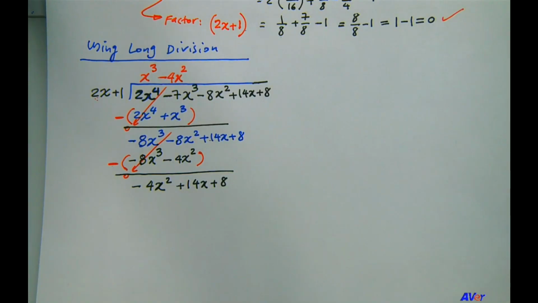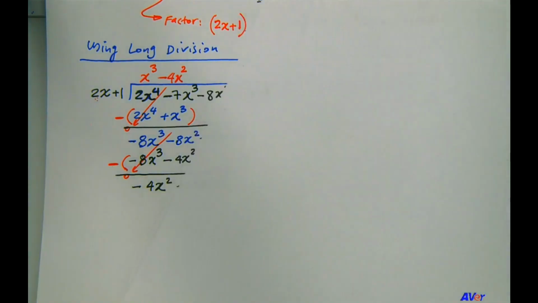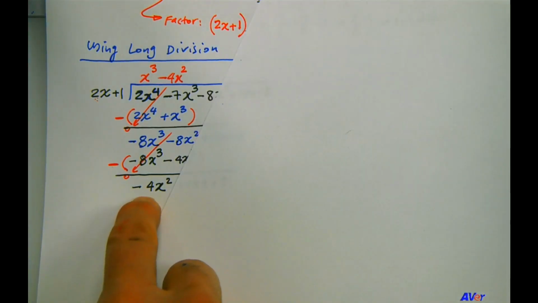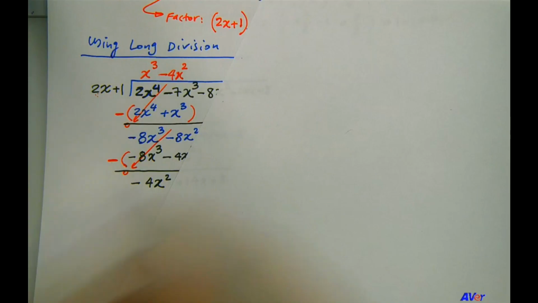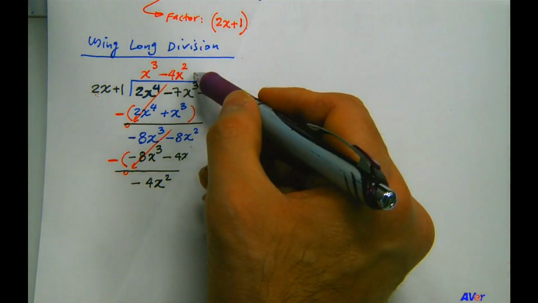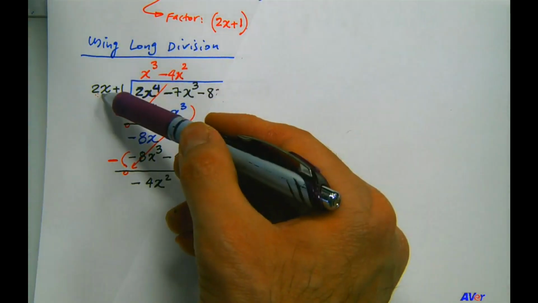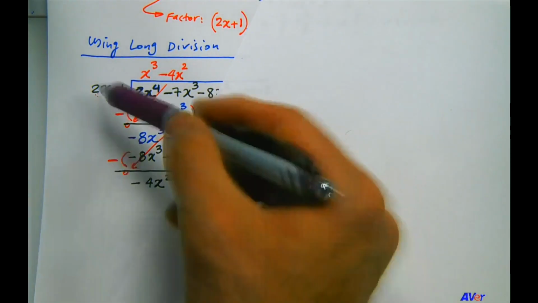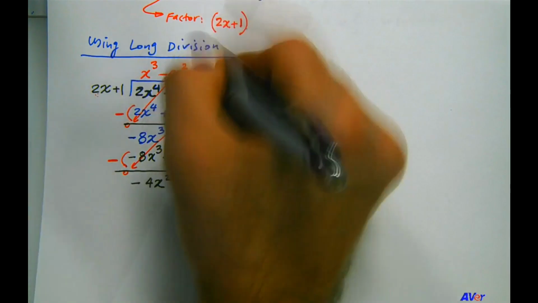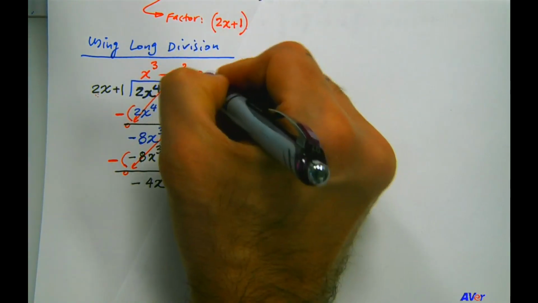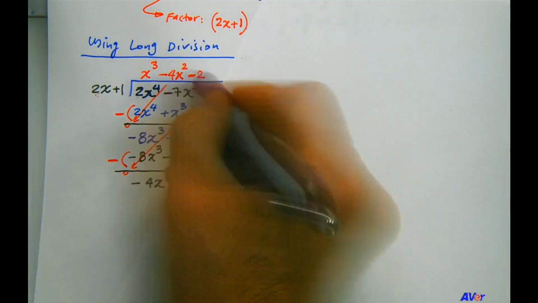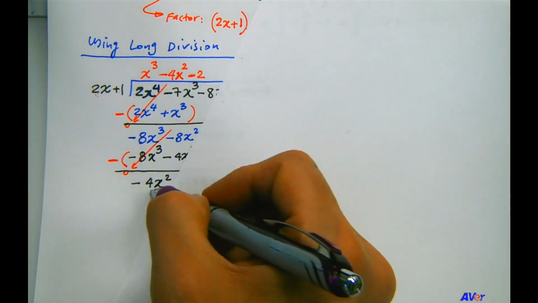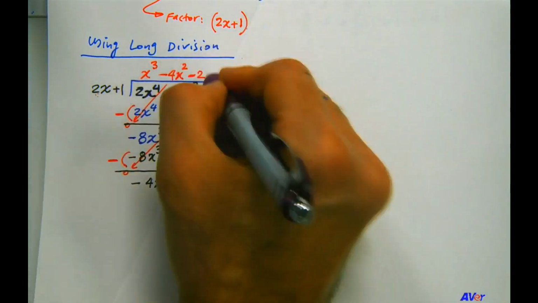Once again, we cover the rest and just focus on the first term here. What should we put up here such that if we multiply it by 2x, we get minus 4x squared? We already have 2, so to get minus 4, we need minus 2. Minus 2 times 2x is minus 4x, so we need another x.